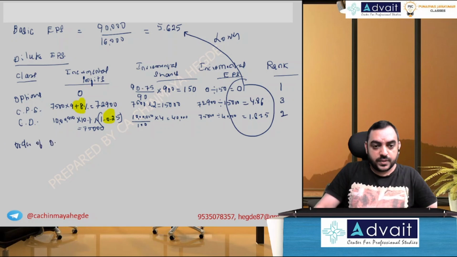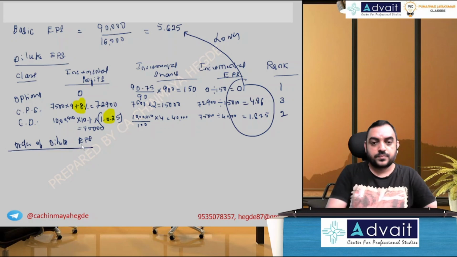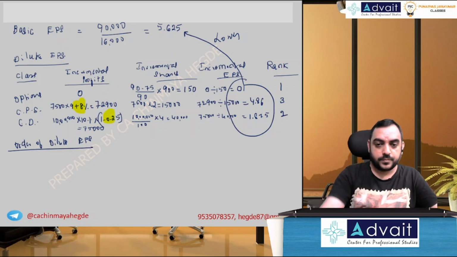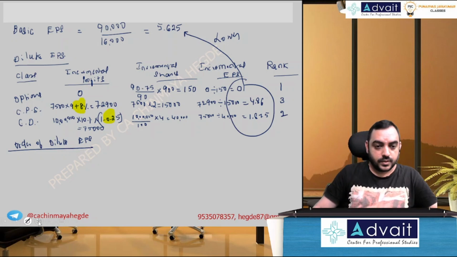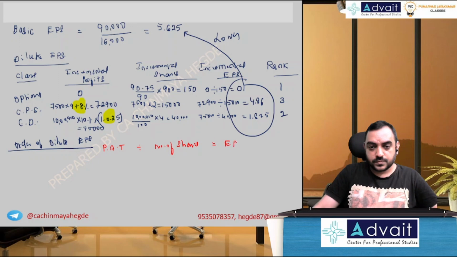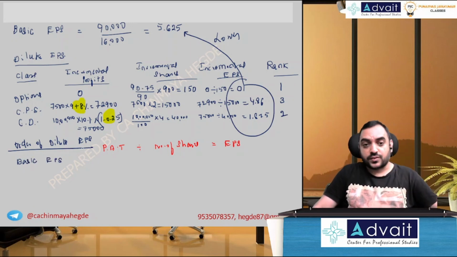Basic formula you understand: whatever the net profit or profit after tax, we divide by the number of shares, and we get EPS. So we'll start with basic EPS, which you already know. Still, I'll follow the process.